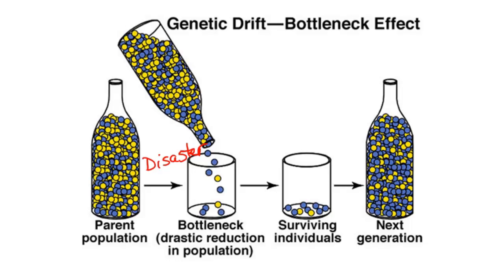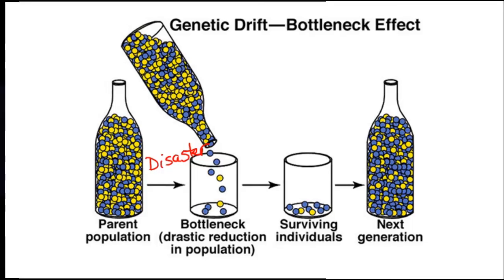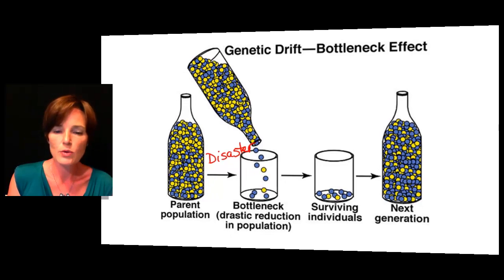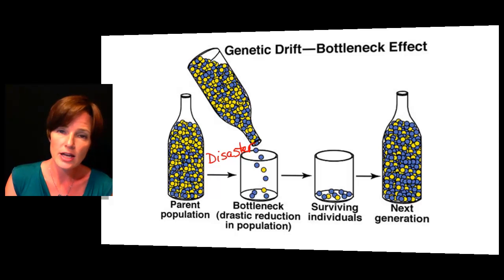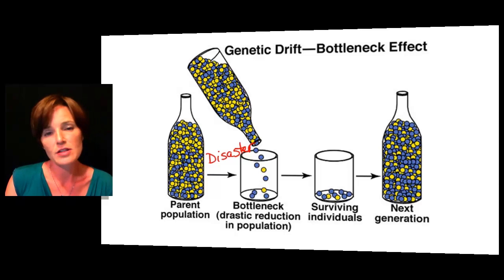So a few survive. Those surviving individuals are going to reproduce with one another. And then when you look at the next generation, it's very possible that you're going to have different allele frequencies than you had in the original population before the disaster took place. Notice that originally we had a lot of yellow marbles. After the bottleneck, we have a lot of blue marbles.